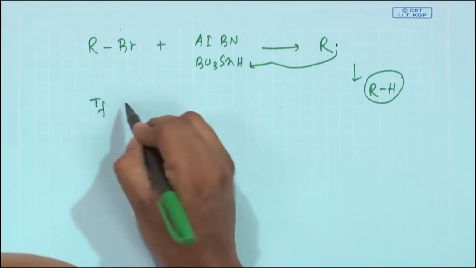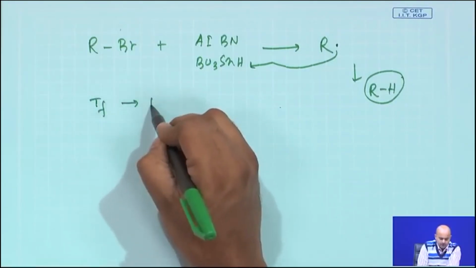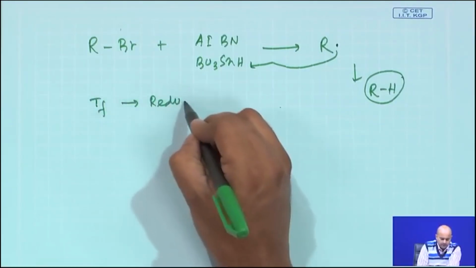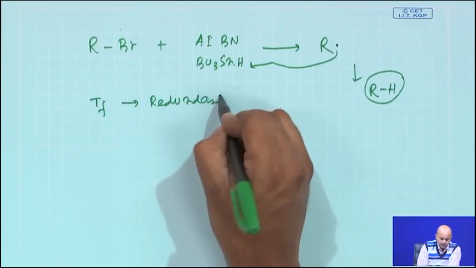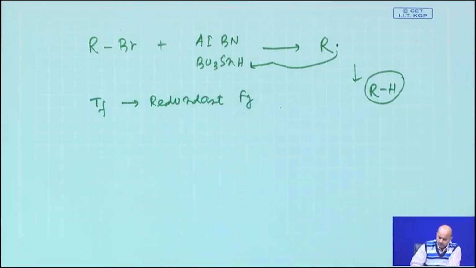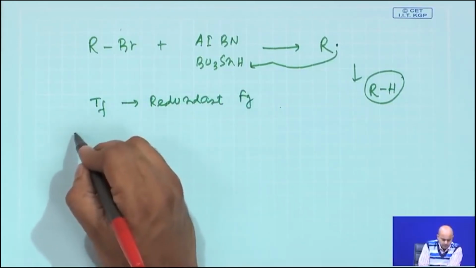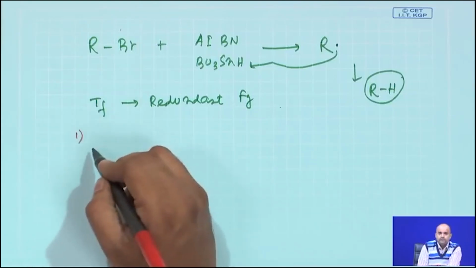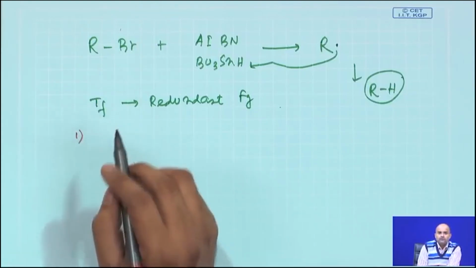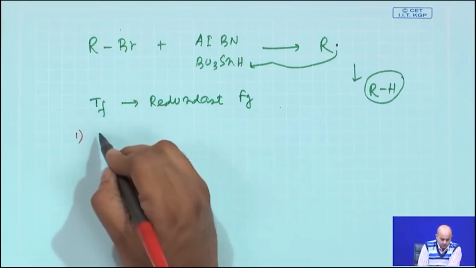So, for the redundant functionality, you can now make a summary of the transformations we normally use for redundant functional groups. These transformations are reactions where a functional group has been removed.